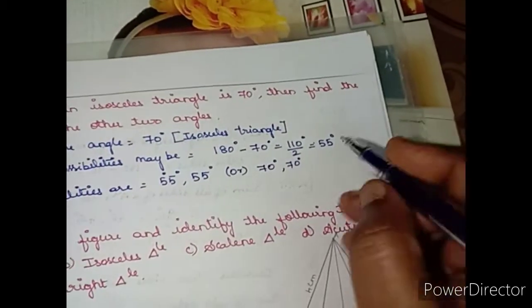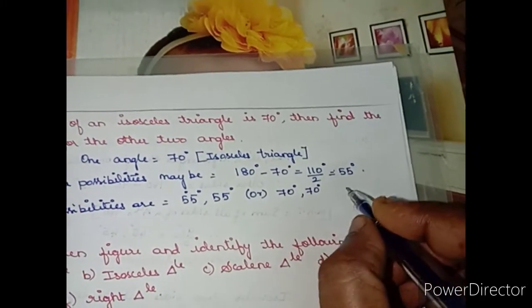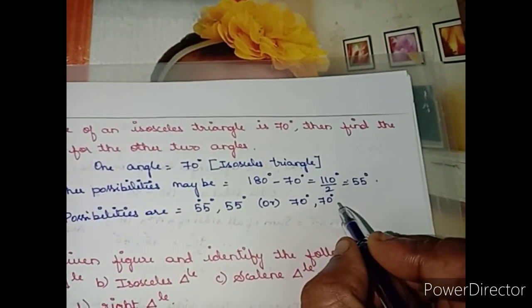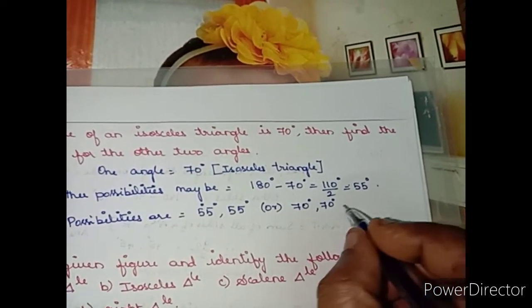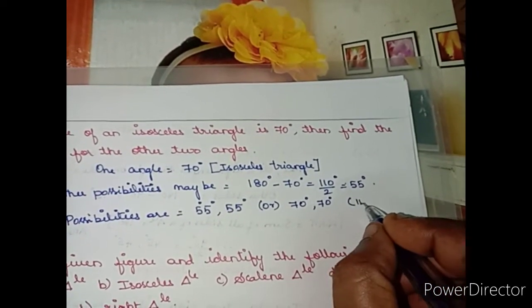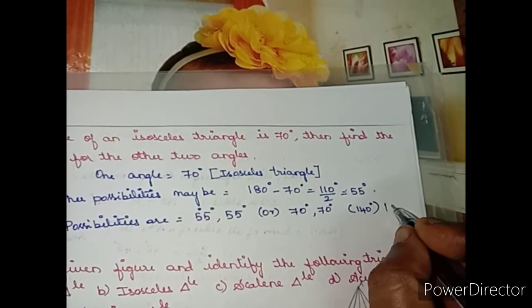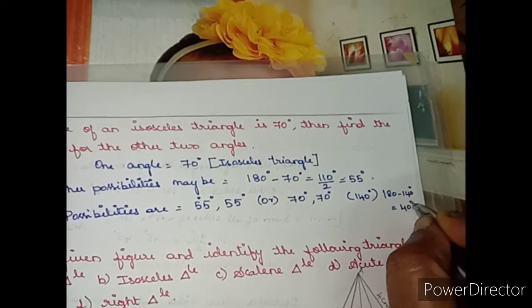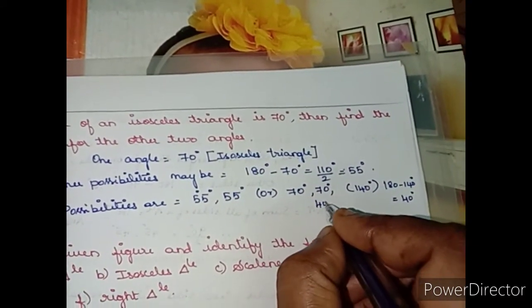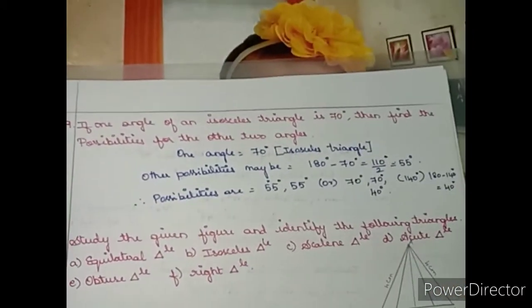If you add the 70 plus 70, it is 140, right? So 180 minus 140, it is 40. So the other one will be 40 degrees.